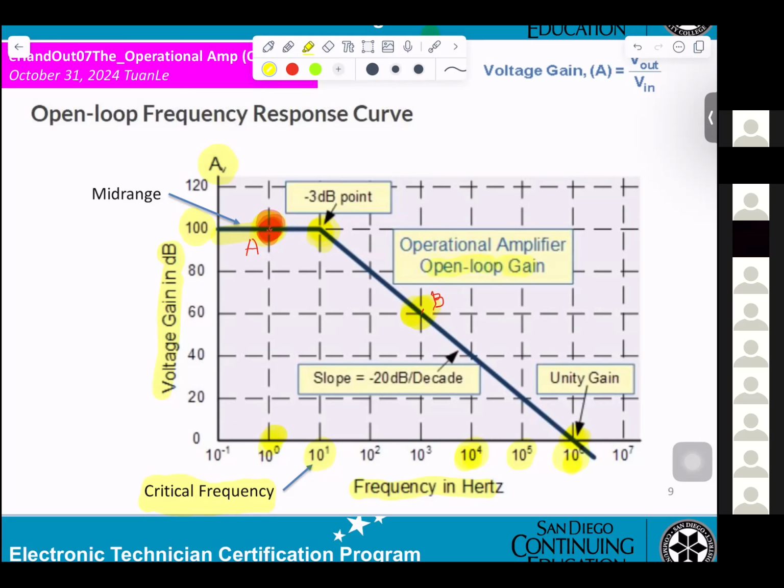We cannot work with open loop gain anymore. Hey, Mr. Pham, the slope goes down minus 20 dB per decade, is every one of those boxes counting for like 20? Is that right? Right. Okay.